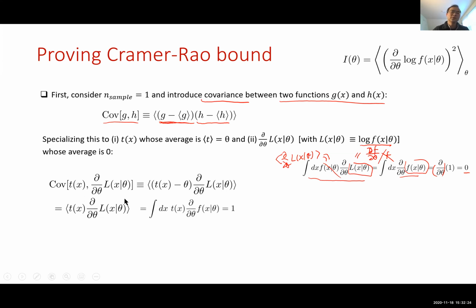You just plug in the definition as I did here. That gives rise to canceling these f, and you are left with a derivative with respect to theta, and then the integral of t f, and this is 1.